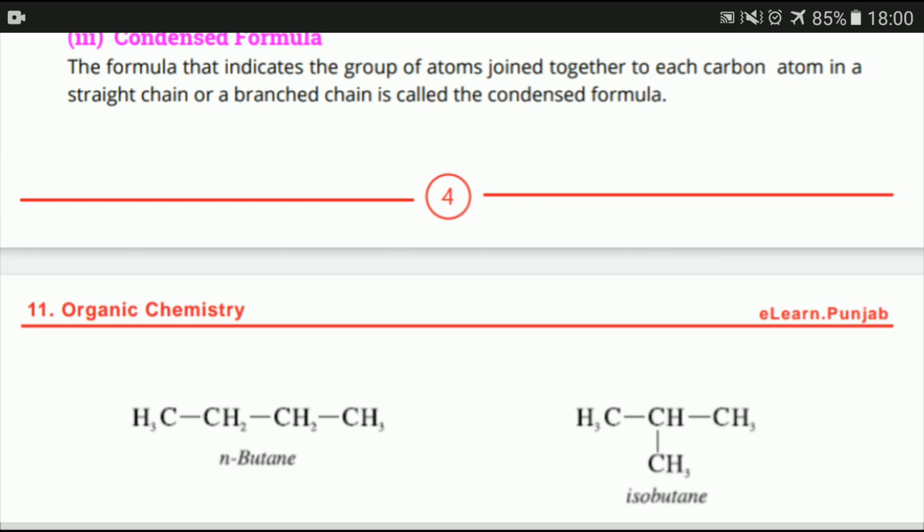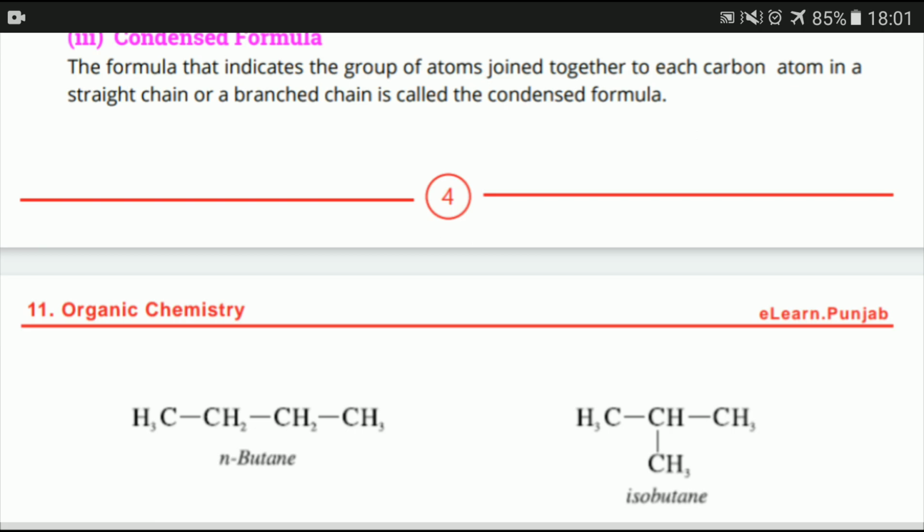CH3 bond CH, bond CH3, and down the CH there is also CH3. The central carbon atom is attached with the 3 carbon atoms with single covalent bonds. Now the 4th bond is remaining. The 4th bond is connected with a single hydrogen atom.